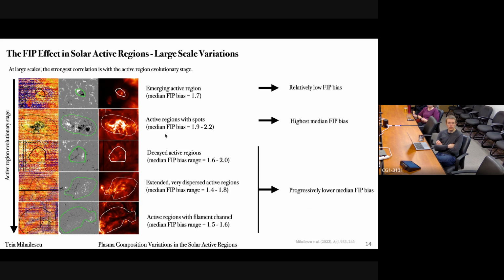The active regions that still have sunspots are at the peak of their activity, and they show the highest median FIP bias. And then we have three categories of progressively more and more decayed active regions, which show progressively lower FIP bias values. So this is in line with what I was saying before, that in the emergence phase, the FIP bias is increasing, but then is decreasing in the decay phase.